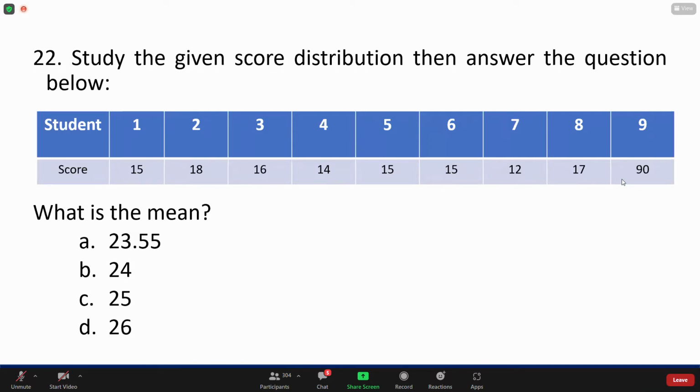Next number, study the given score distribution, then answer the question below. What is the mean? A, 23.55. B, 24. C, 25. D, 26.